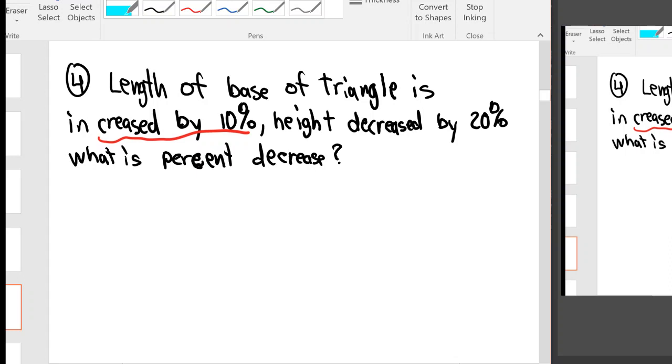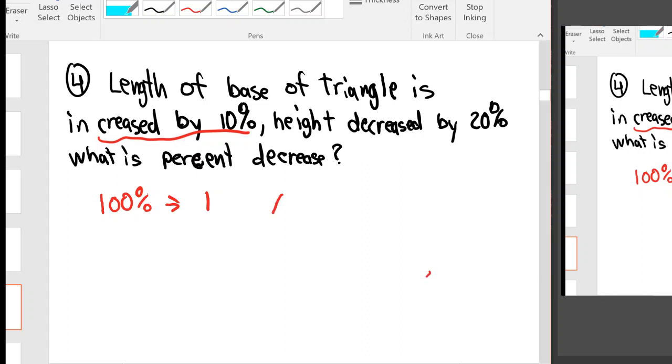All right. So with this problem, you have 100%, which is going to give me 1, right? Just the same way 50% would give you 0.5, or 20% gives you 0.2. So now, in this case, there's two triangles.